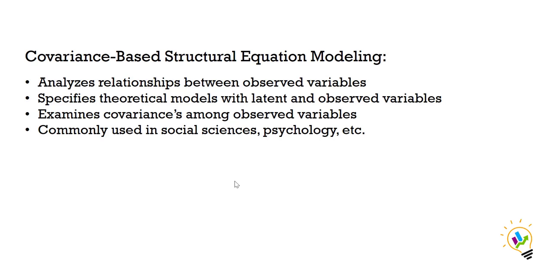covariance-based structure equation modeling. The word covariance. Variance is a difference between variables. So this concept will run always with the variances between the observed variables. Variances between latent variables, variance between observed variables.